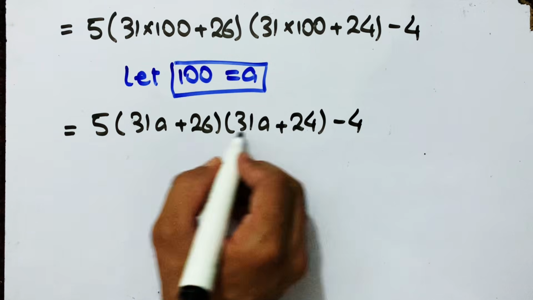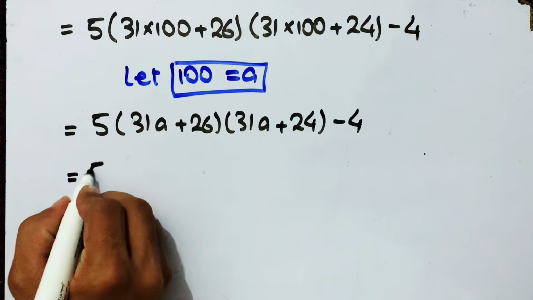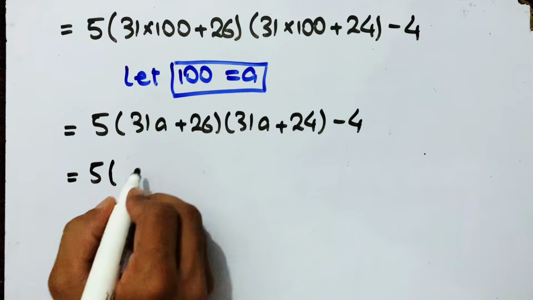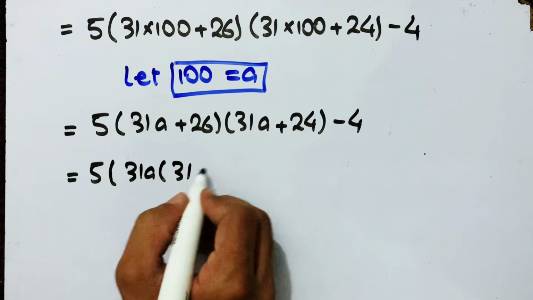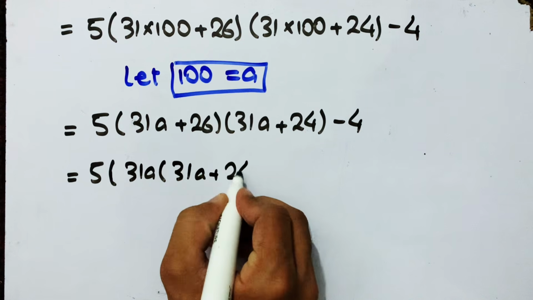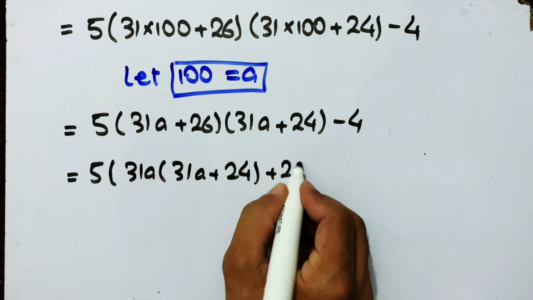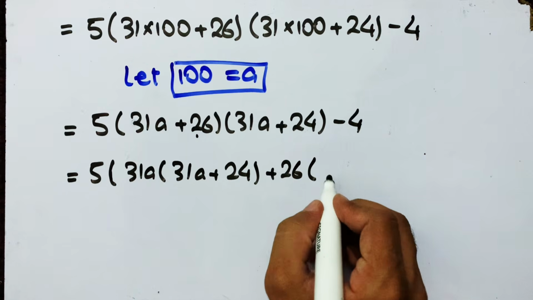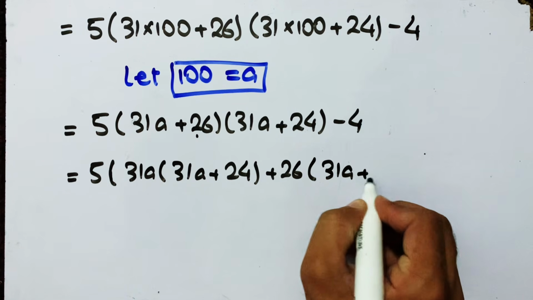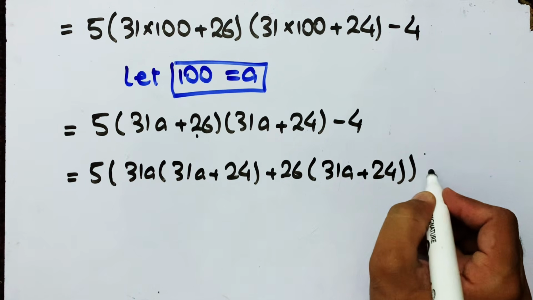So I multiply: 31a into 31a plus 24, plus 26 into 31a plus 24, bracket close, minus 4.